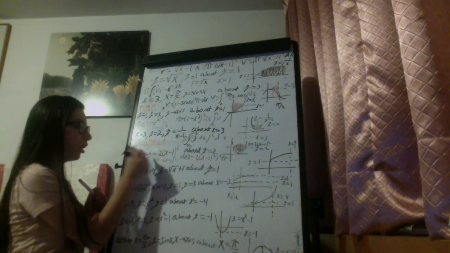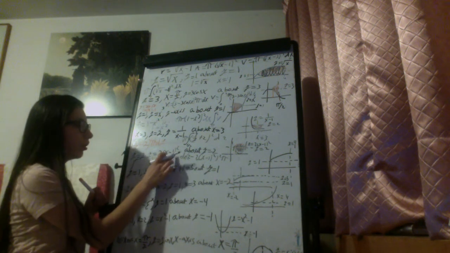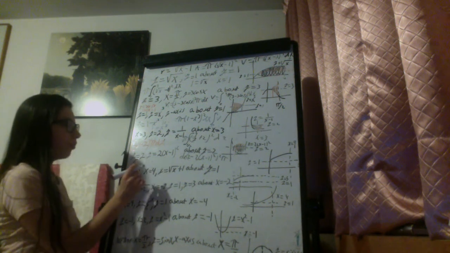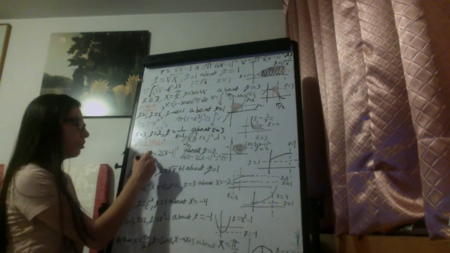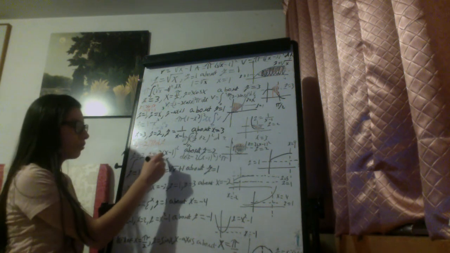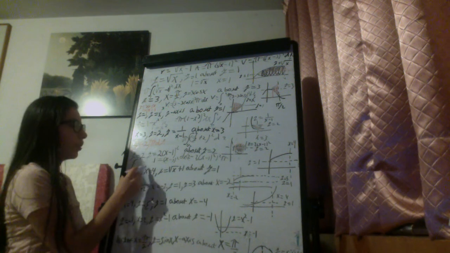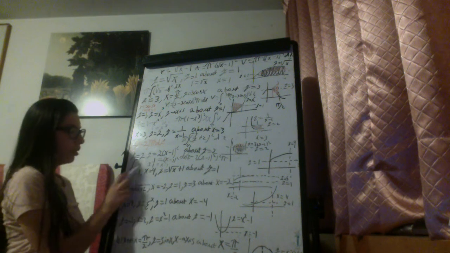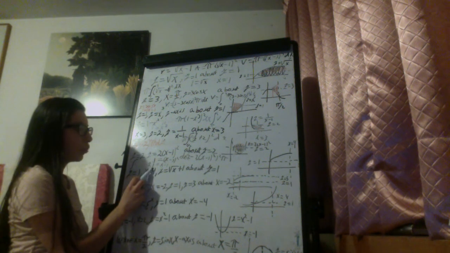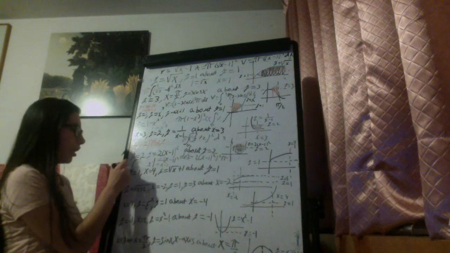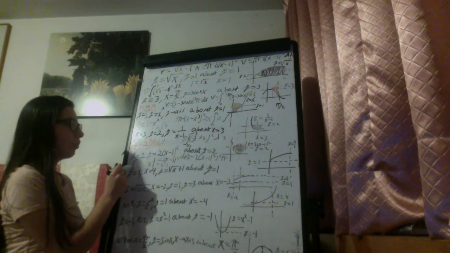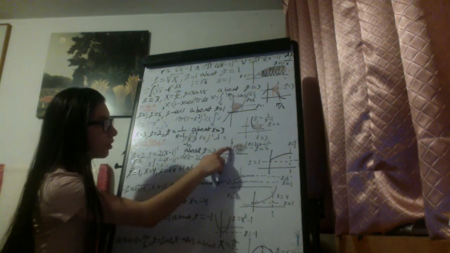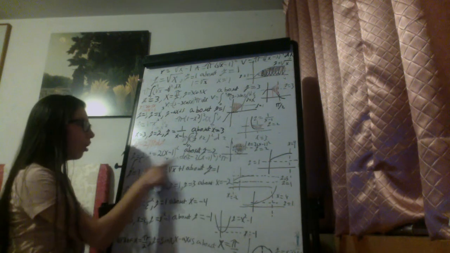Divide everything by 2: 1 equals (x minus 1) squared. Taking the square root, plus or minus 1 equals x minus 1. If I take 1, x equals 2. If I take minus 1, x equals 0. So this goes from x equals 0 to x equals 2. Here I didn't draw it very well. This intersection should have been here.